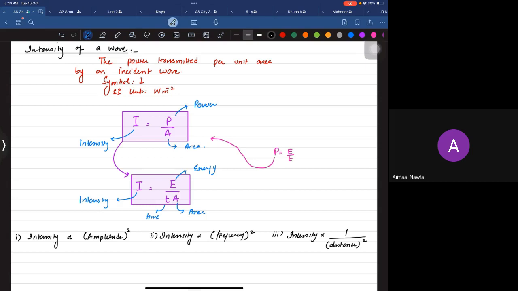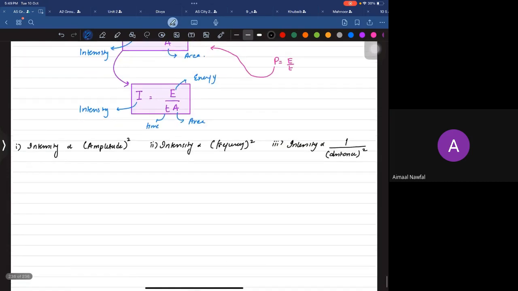So I'm going to draw that a bit. What I'm saying is, suppose you have a wave like this, right? Like that. Let me just copy this.